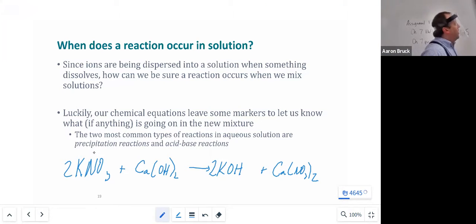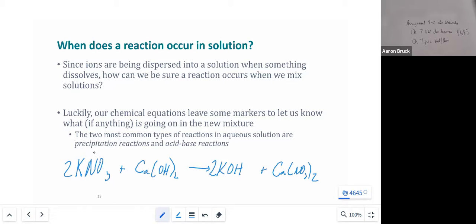This chemical equation would seem to indicate that something's going on when I put those two solutions together. The reality of the situation, though, is there's no actual chemical reaction taking place here.